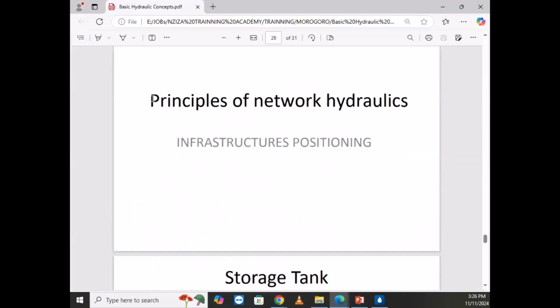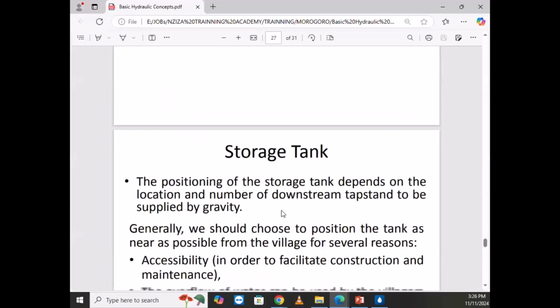I think I already talked about the positioning of our networks: how to position the tanks, pumps, and treatment plant. I don't know if it's really important to repeat it again.